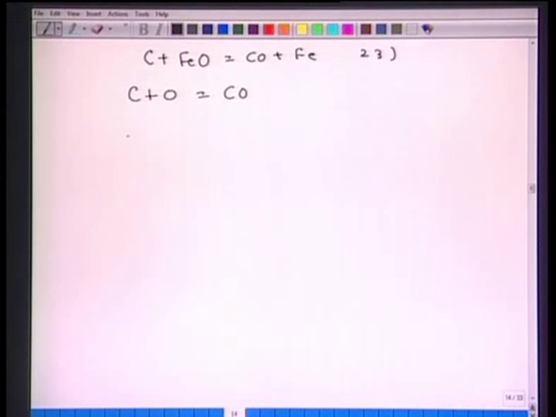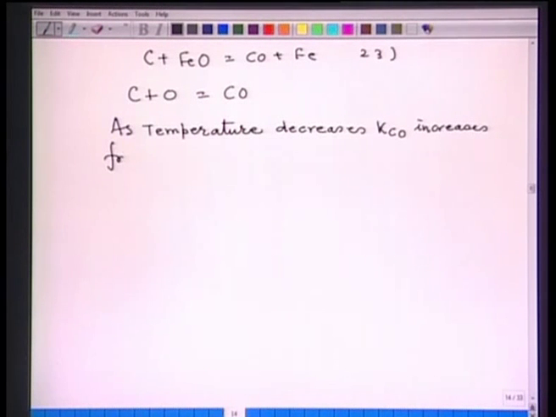Now, as temperature decreases, for example, KCO increases from 474 at 1873 Kelvin to 516 at 1773 Kelvin. What does it mean?